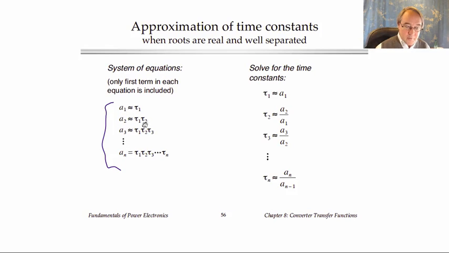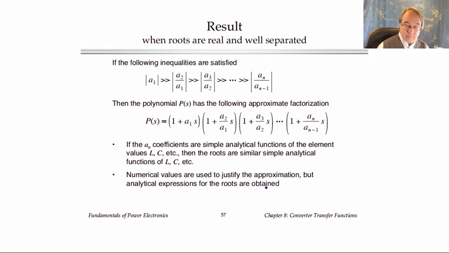Tau2 can be found by dividing the second equation by the first, which would give us that tau2 is a2 over a1. Tau3 can be found by dividing the third equation by the second, which means that tau3 is a3 over a2, and so on.